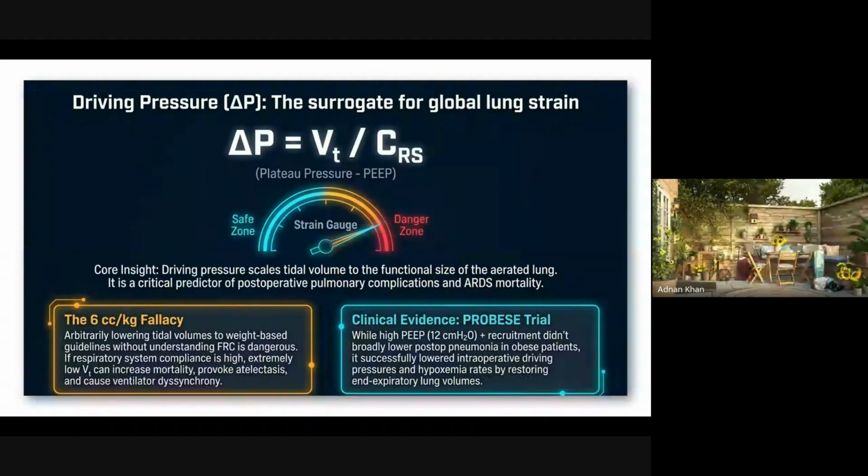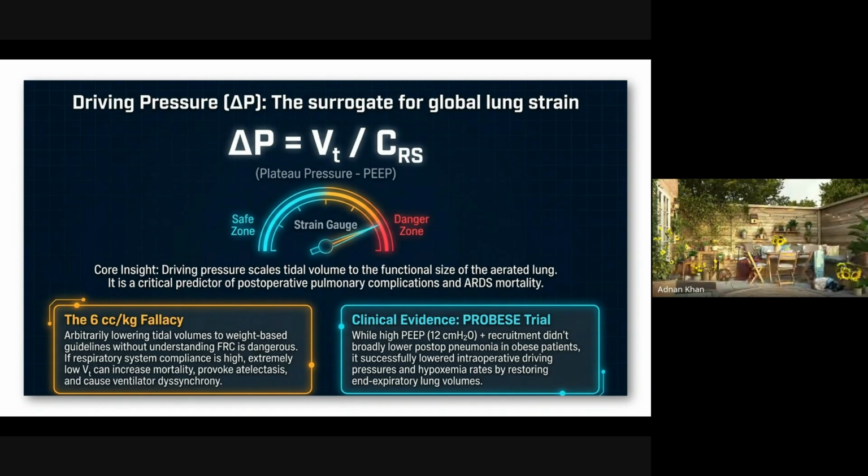When compliance decreases because of atelectasis, obesity, one-lung ventilation, or lung injury, the driving pressure increases. Numerous studies have shown that higher driving pressure is associated with increased postoperative pulmonary complications and worse outcomes.